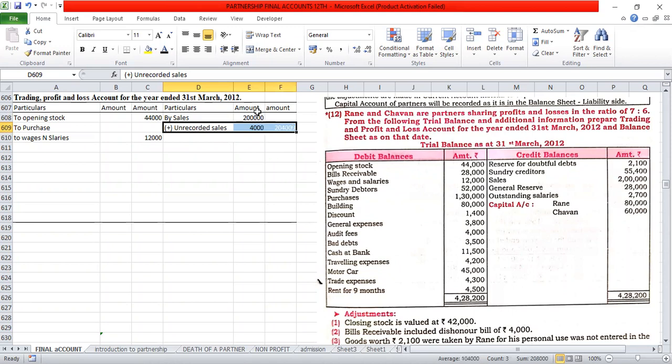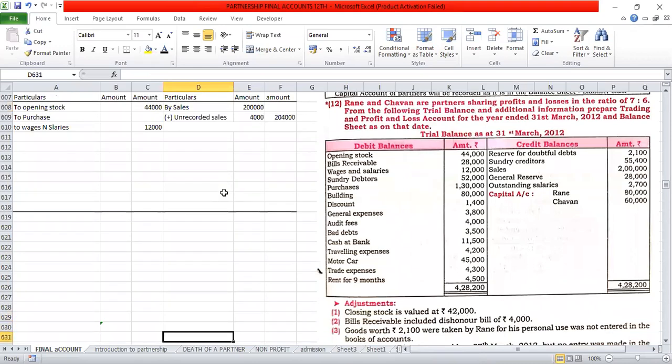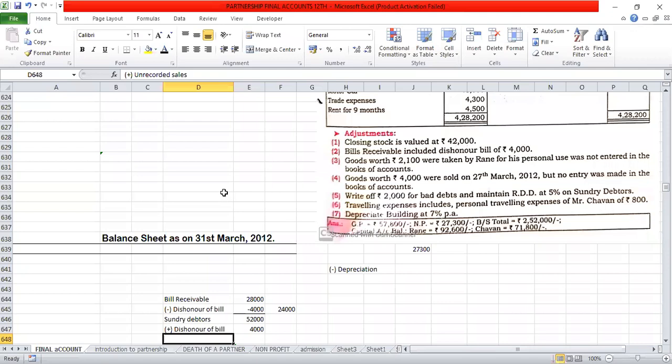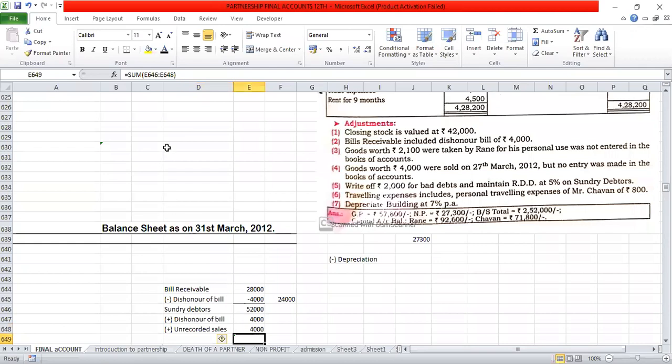So the outer column comes to 2,04,000. And the second effect of unrecorded sales will be added to debtors, that is 4,000 rupees. Then we will take a total of it. 52 plus 8,000, 60,000 is the total debtors now. Able to see that? Yes, sir.